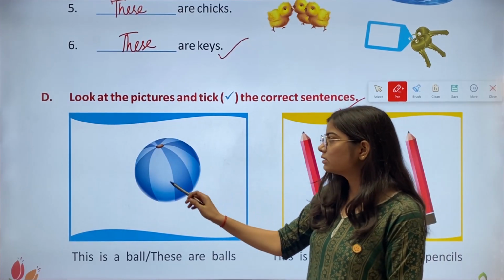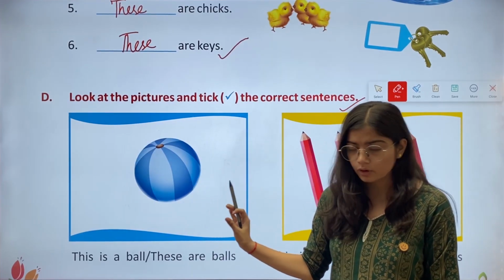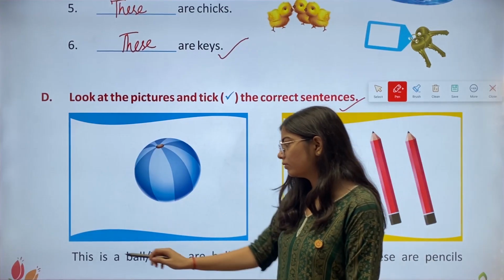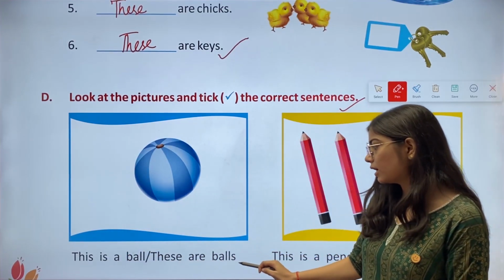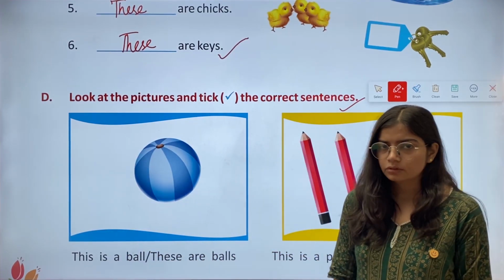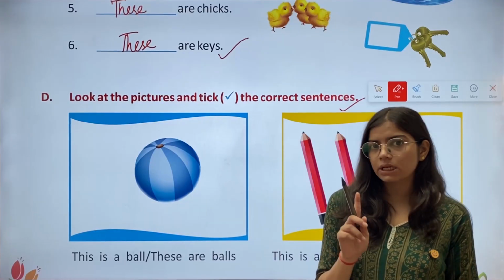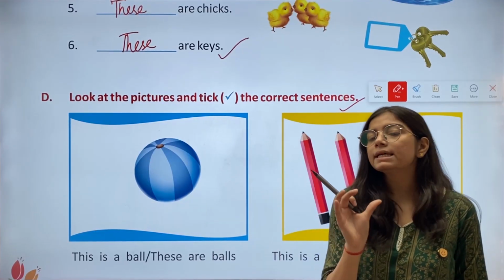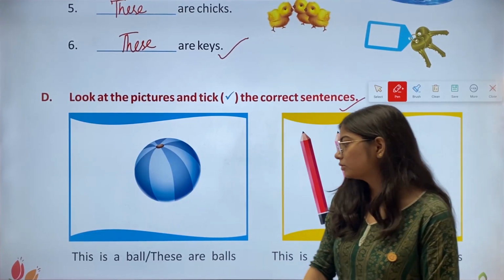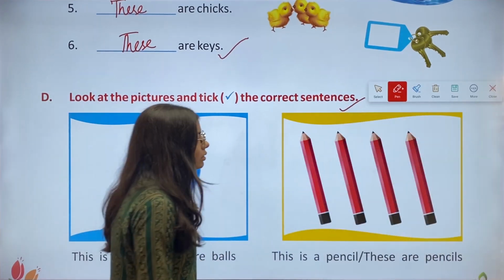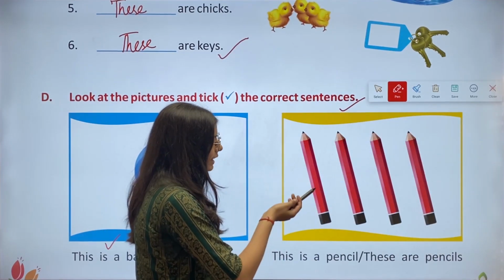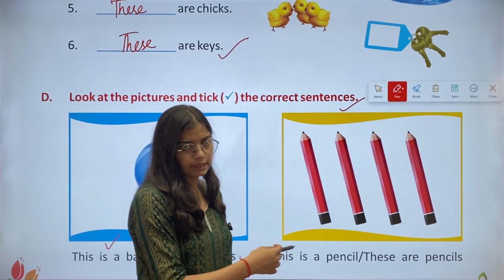So as you can see, there is only one ball. We have a sentence given. This is a ball. These are balls. So there is only one thing. So we use the word this here. Okay. So this is the correct sentence. Then we have pencils here. We have sentences given.